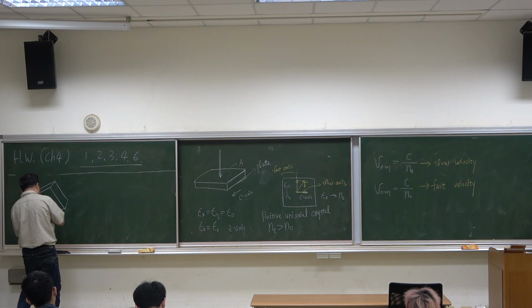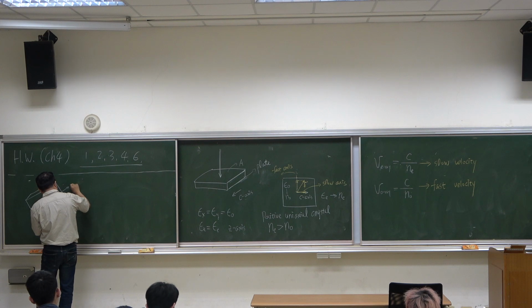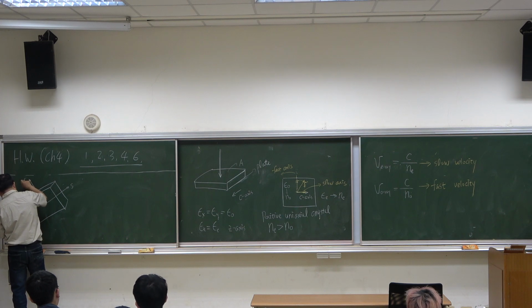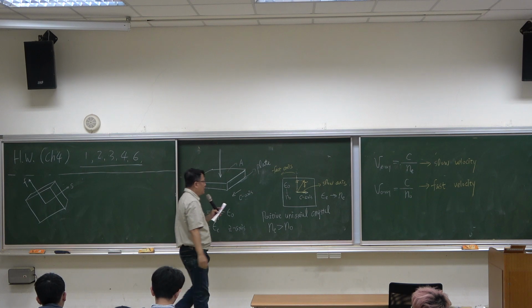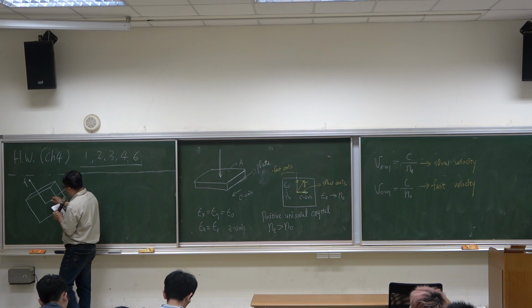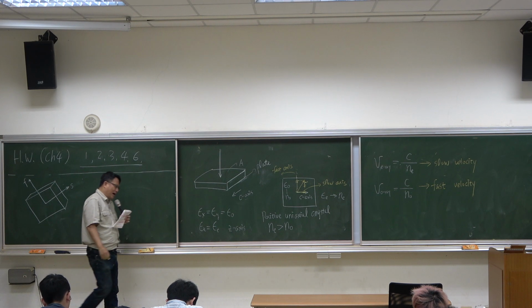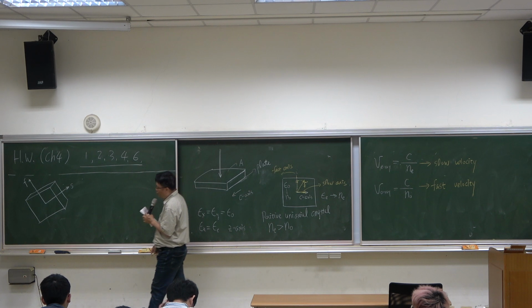First of all, let me denote the slow axis as S and the fast axis as F. These two directions follow the principal axis or optical axis of this crystal.